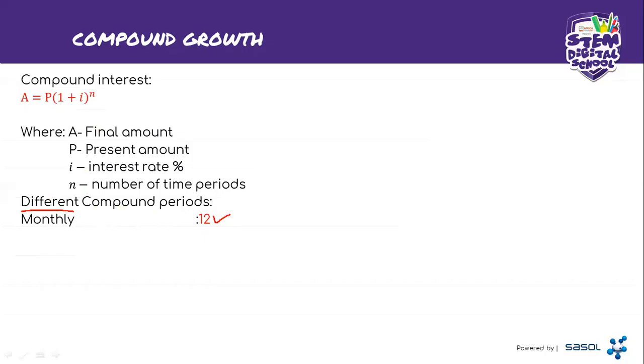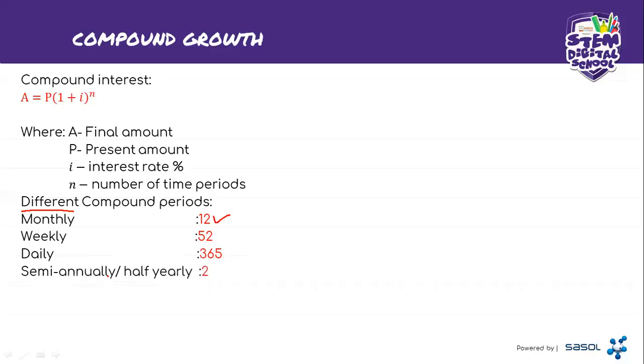So under compound interest, we are going to be dealing with compound periods, all right? You can get compound monthly, it will differ. Now, the other one that we're having is weekly. How many weeks in a year? 52. And then we have daily. How many days do we have? We have 365 days in a year.